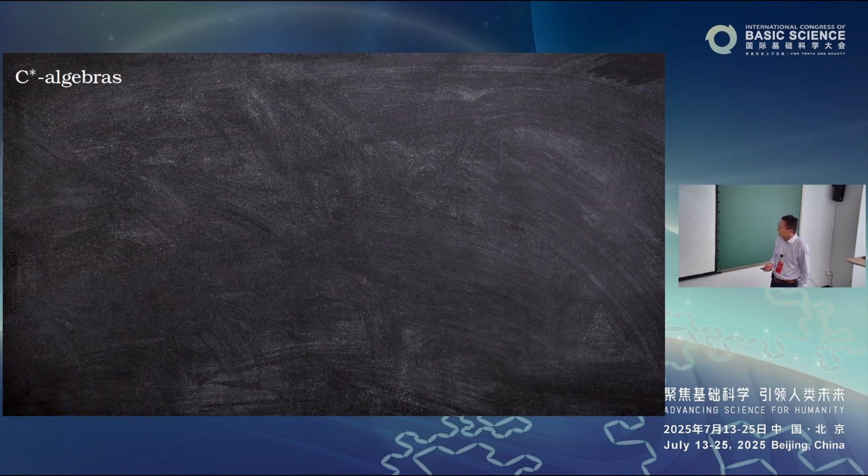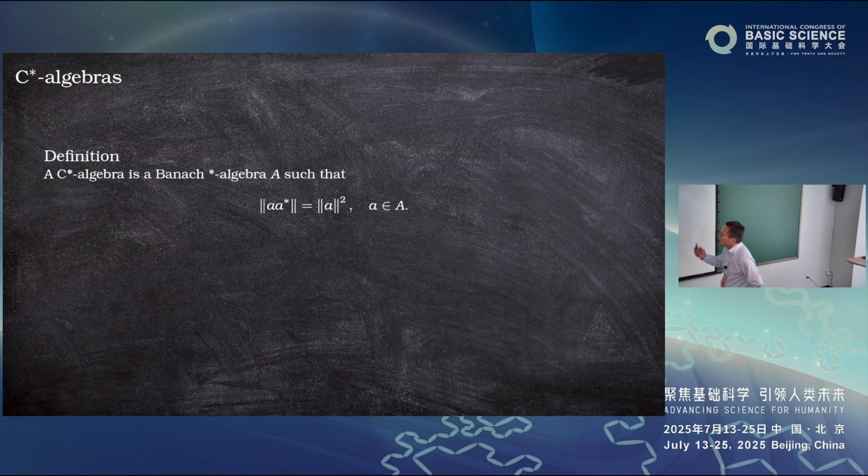So let's start with C-star algebras. What is a C-star algebra? I'm giving you an abstract definition. A C-star algebra is a Banach algebra, meaning that it's an algebra and it's also a Banach space. So there is a norm, it's complete, and also there is a star operation.